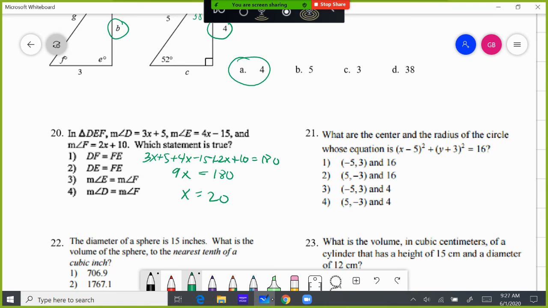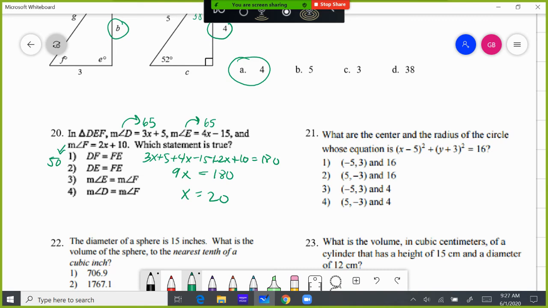So D: 3 times 20 plus 5 is 65. E: 4 times 20 is 80, minus 15 is also 65. And then F: 2 times 20 is 40, plus 10 is 50.